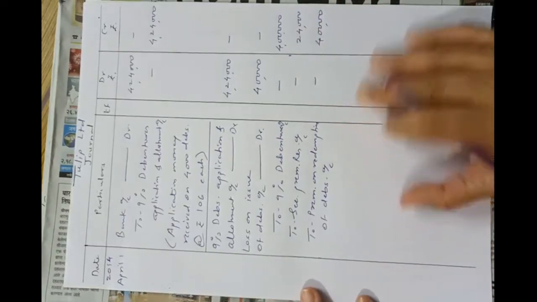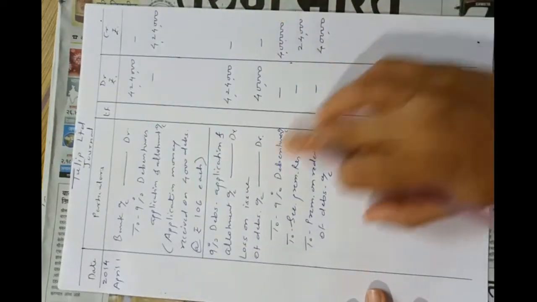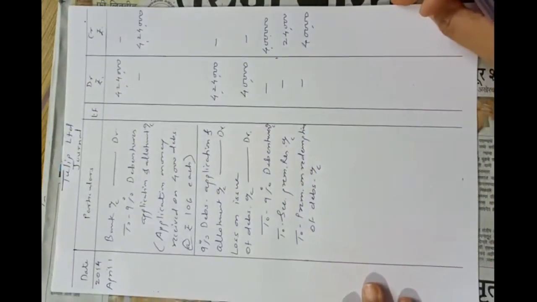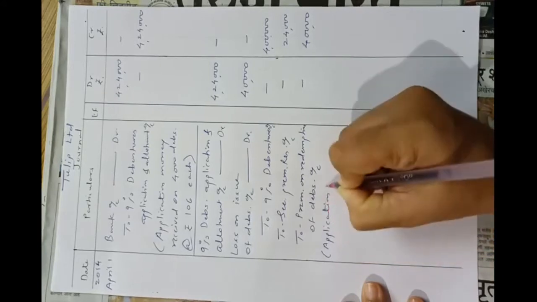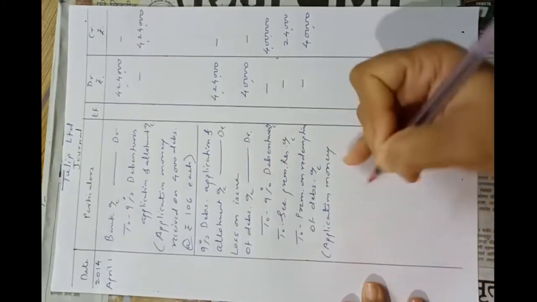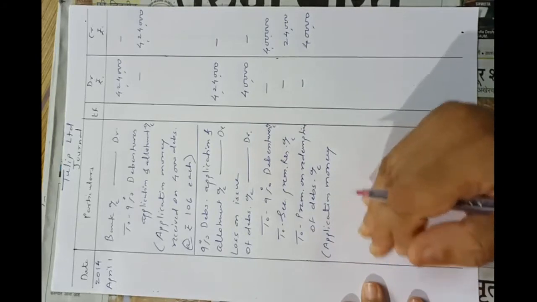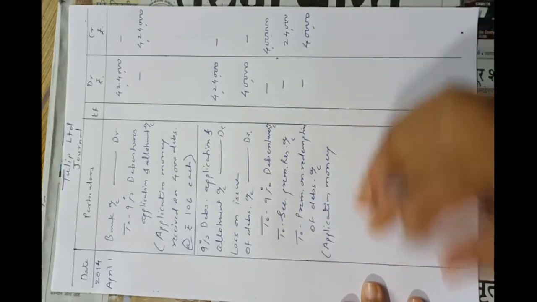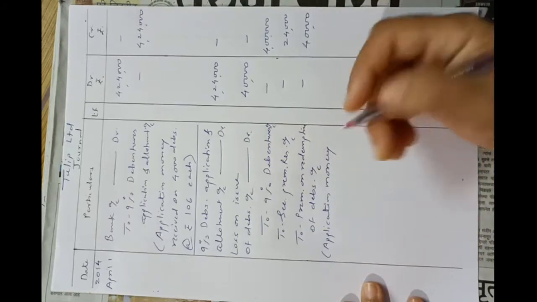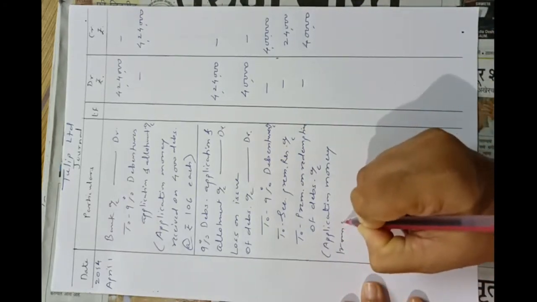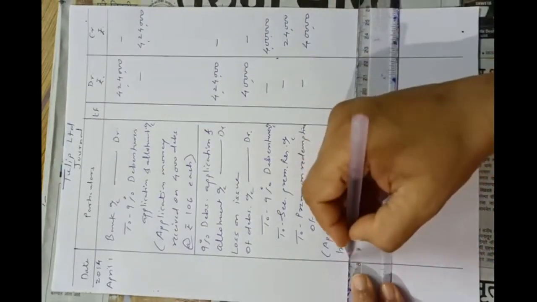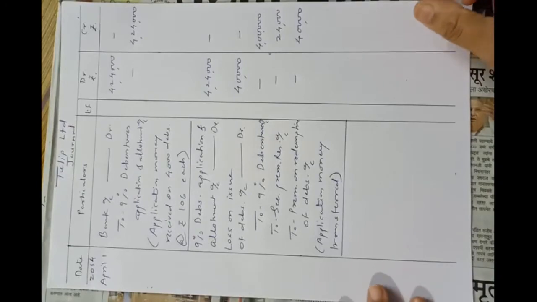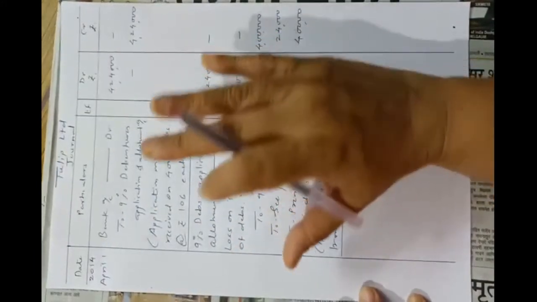This premium at the time of redemption is lost to the company, so it is debited to loss on issue of debentures account as usual. Okay, so application money adjusted or application money transferred or issue of 4,000 9% debentures at 6% premium and redeemable at 10% premium, you can write it like this also. In the previous problem I was writing all the detailed narration, because I wanted to teach you how narration comes, meaning of narration, etcetera, everything. These two entries are of issue of debentures.